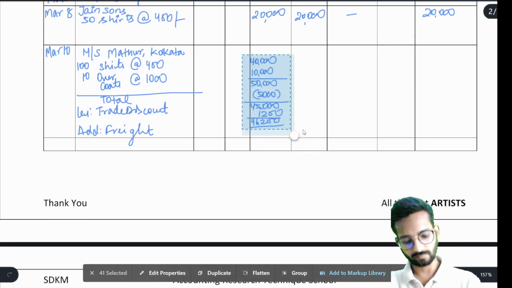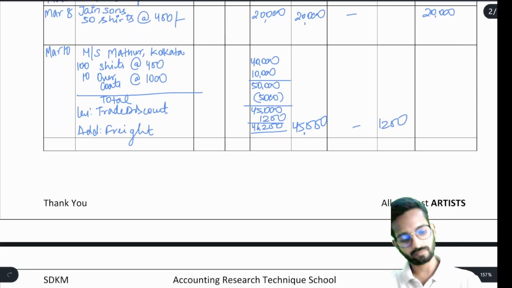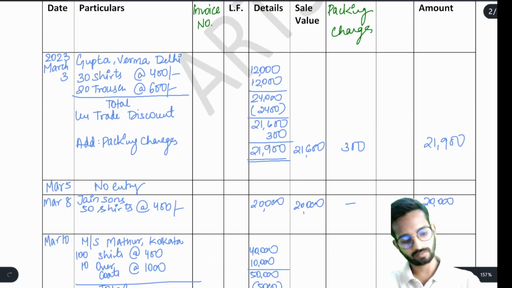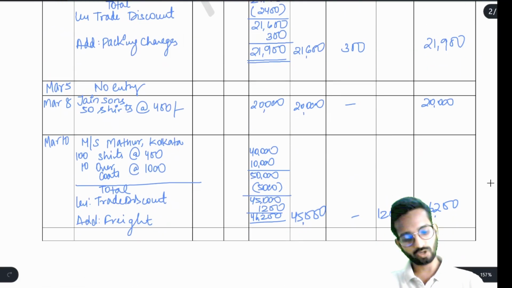Now, we'll write here 45,000 and 1,200. Will prepare another column for freight. And here we will write the total 46,200. After this, we will give the total of all the columns.